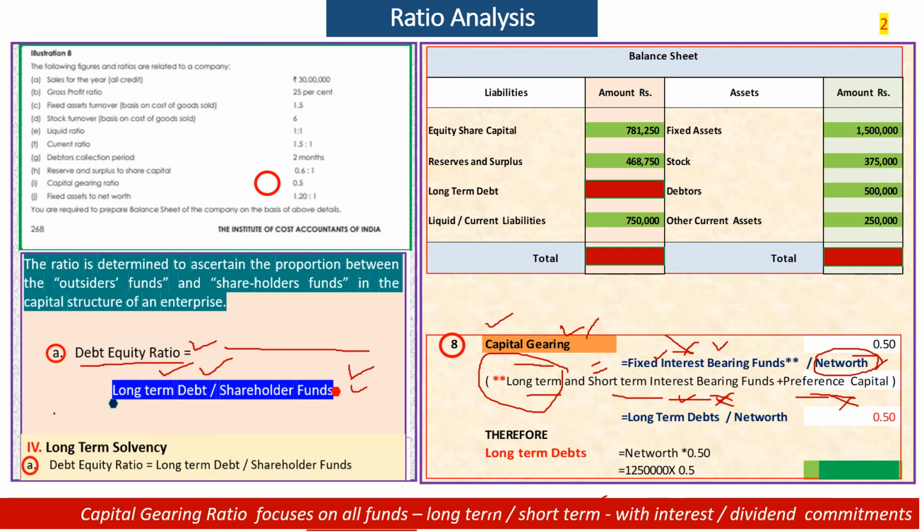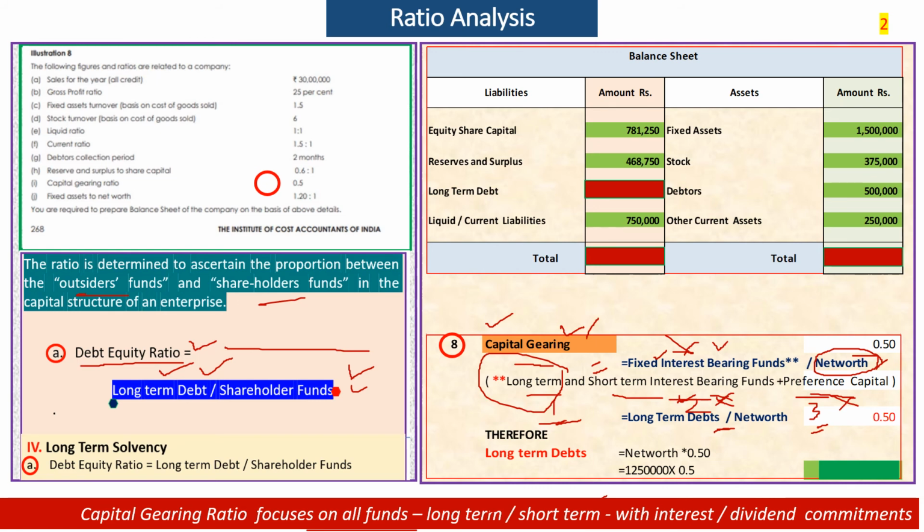Debt equity ratio talks of how much is held by you as a shareholder, how much is held by outsiders. Whereas capital gearing talks of how much money is contributed to the company by three entities: long-term funds, short-term interest-bearing funds, and preference capital, which are to be serviced by payment of interest on a regular basis and repayment of principal.